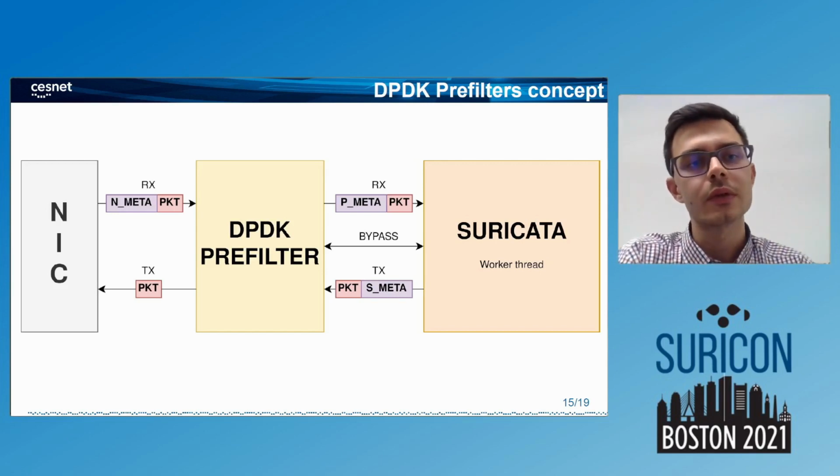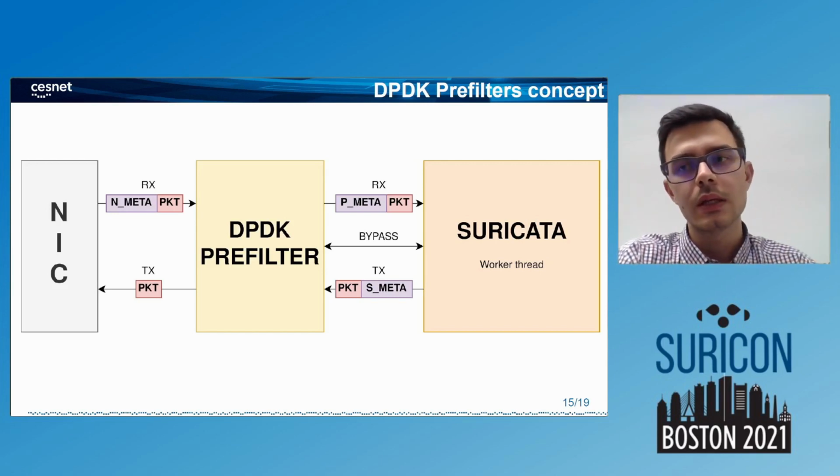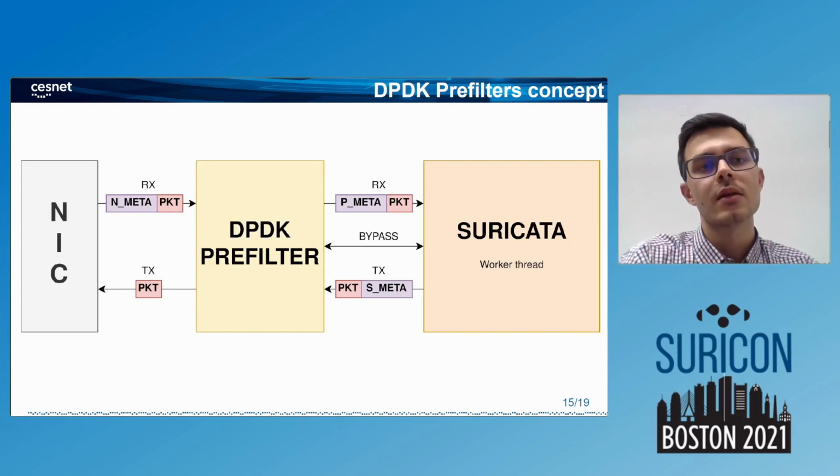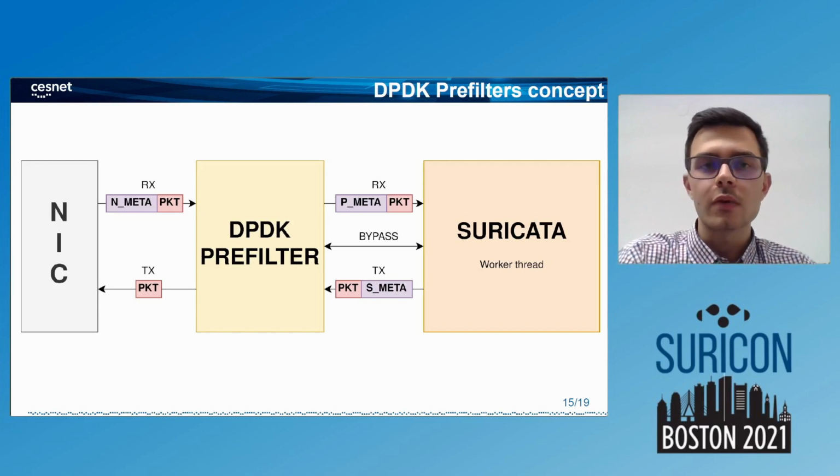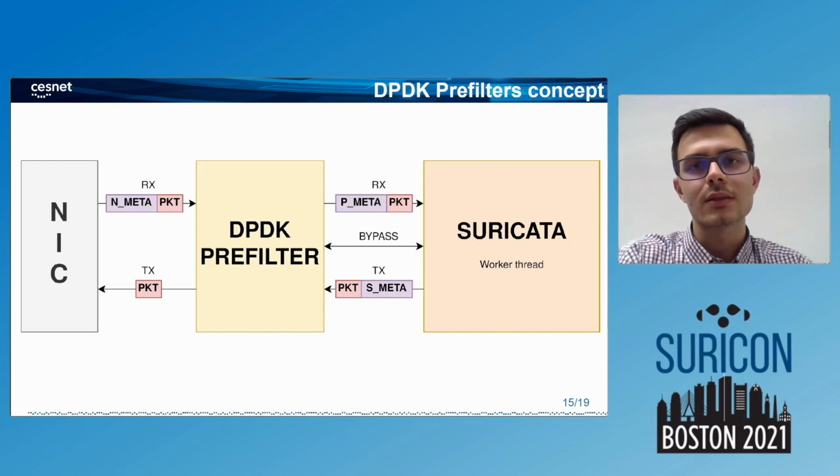But the prefilter can also be a special place where vendors of the NICs can try new prototypes of hardware offloads, because it's separated from Suricata, and the prototypes are not hard to implement because they are in software.